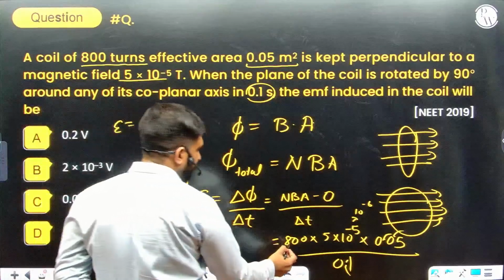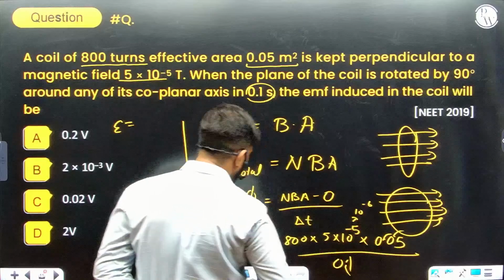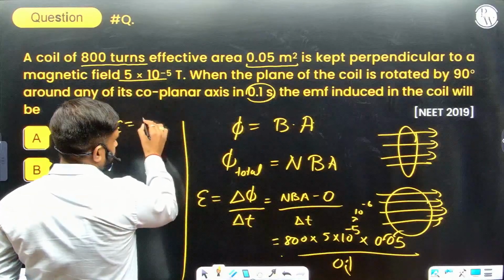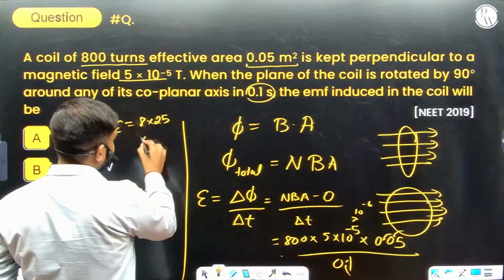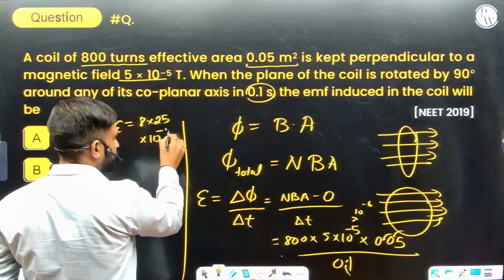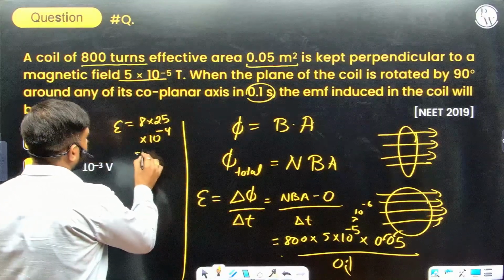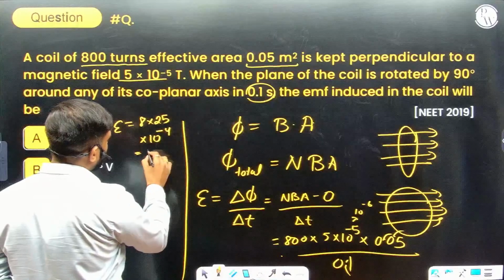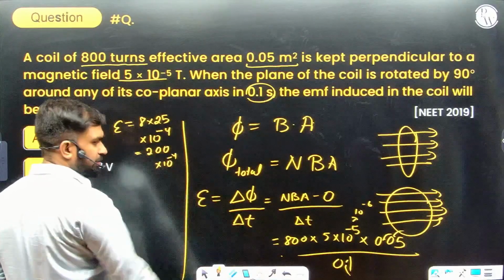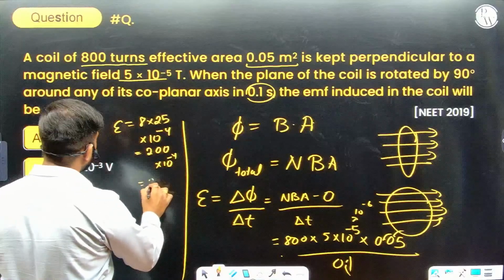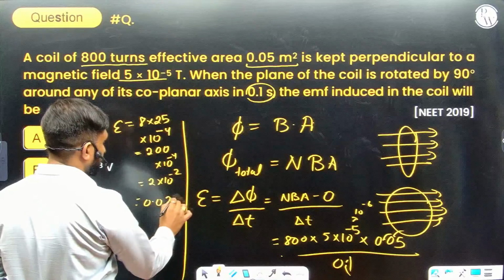It will be 8, and this is 5 and 5. So 8 into 25, and then it is 10 to the power minus 4, correct? Minus 6 and 2, that's minus 4. So this will be your 200 into 10 to the power minus 4. Denominator, we don't have anything else. So it is 2 into 10 to the power minus 2, which is 0.02 volts.